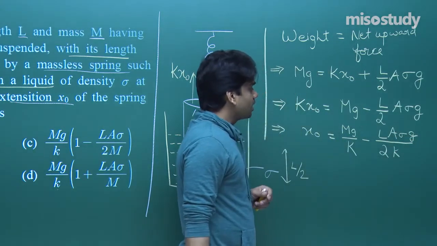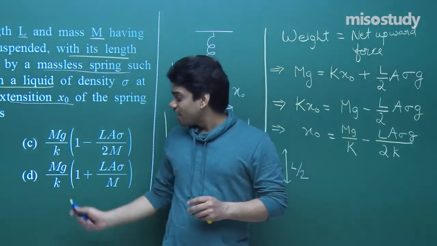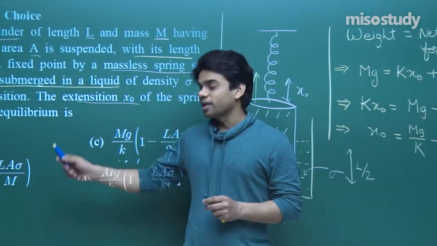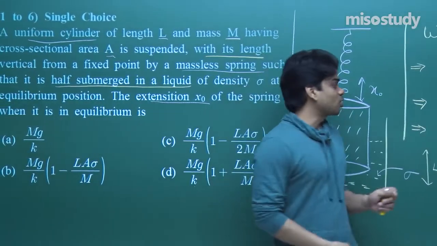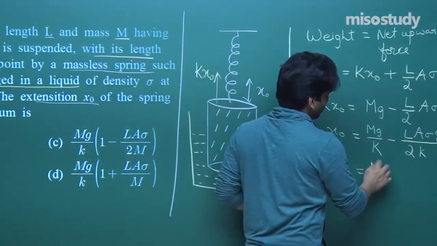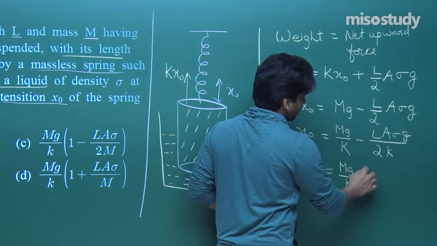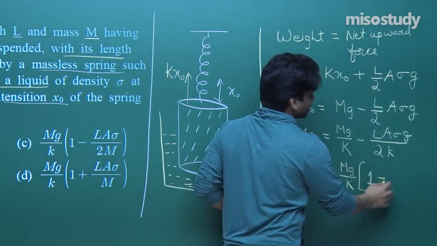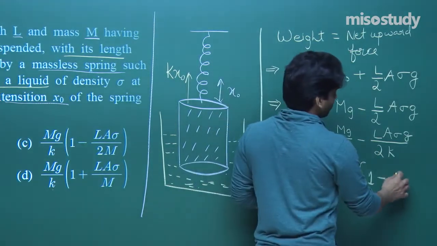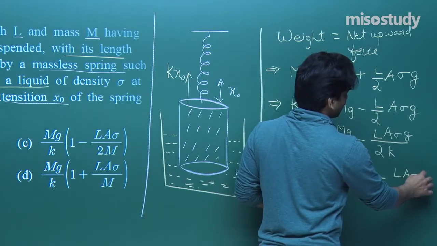Now you see that everywhere outside you have mg by k, so we need to take mg by k outside as common. So this will come out to be mg by k, and 1 minus, this k we have taken outside, it will become L a sigma.